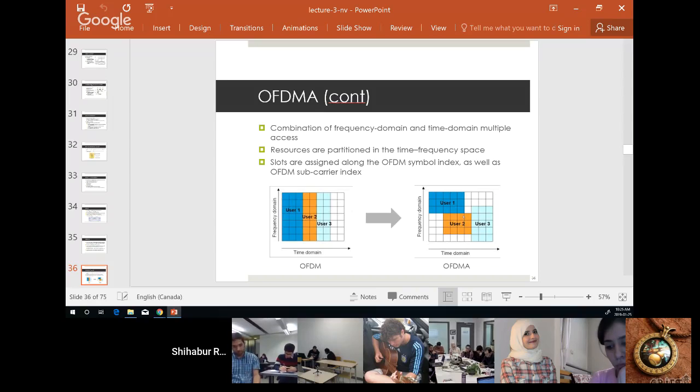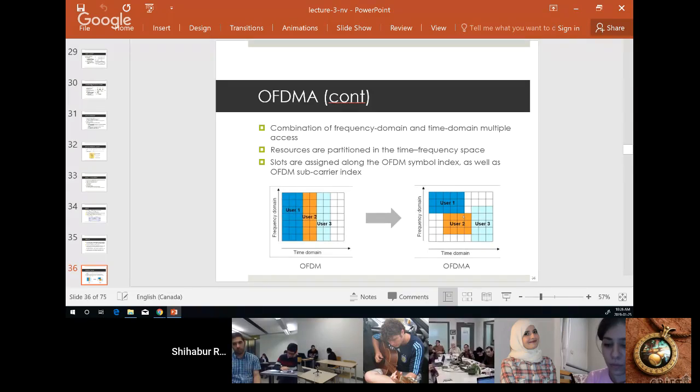This is, for example, how it is done: you do the partitioning in the frequency and the time domain, where you allocate different slots to different users. This is OFDM, the traditional orthogonal frequency division multiplexing, where you allocate to different users a certain number of time slots, but they get the entire spectrum for that period of time.